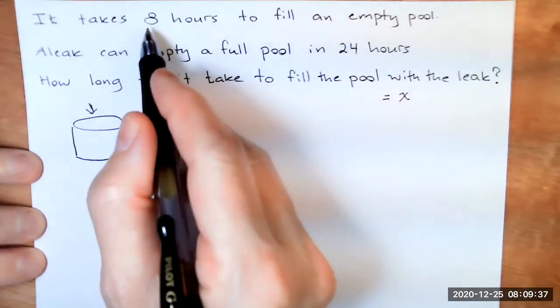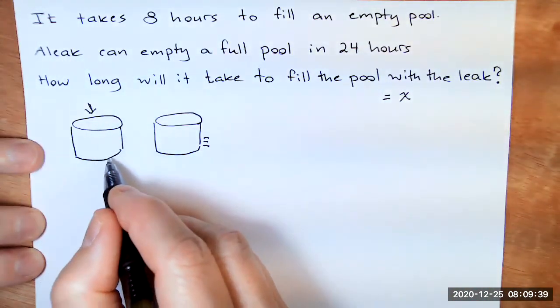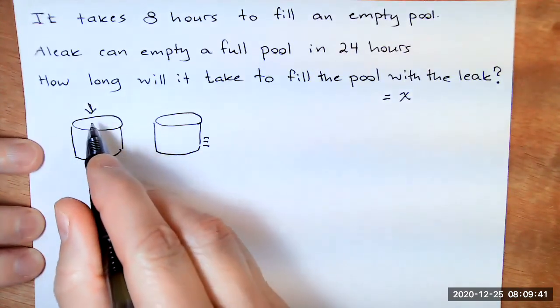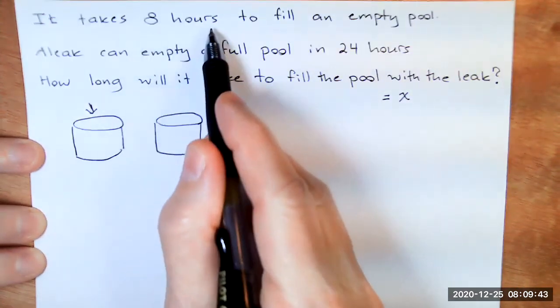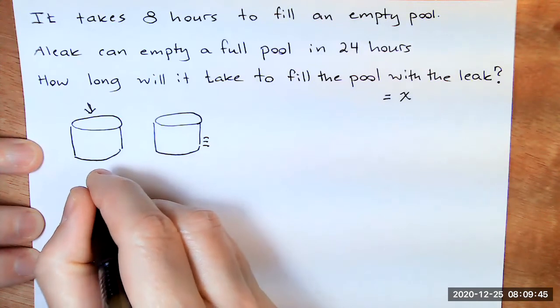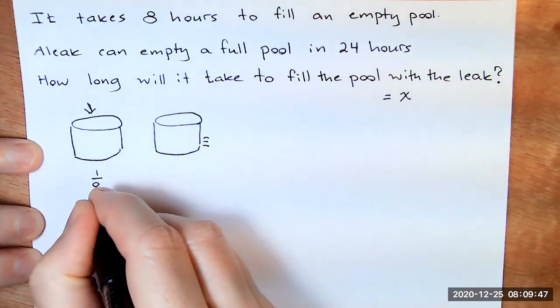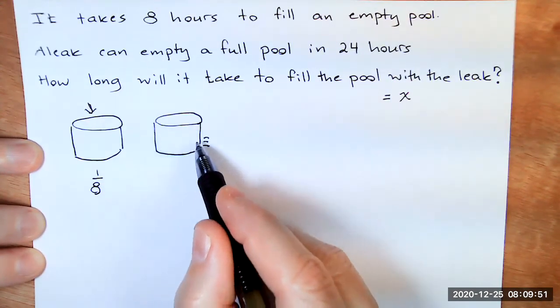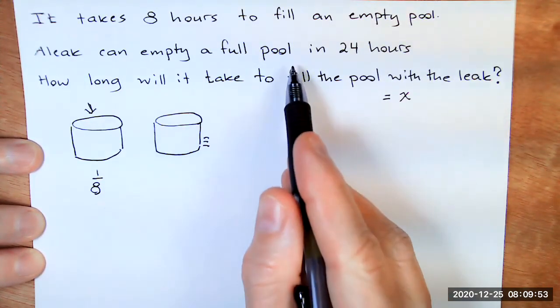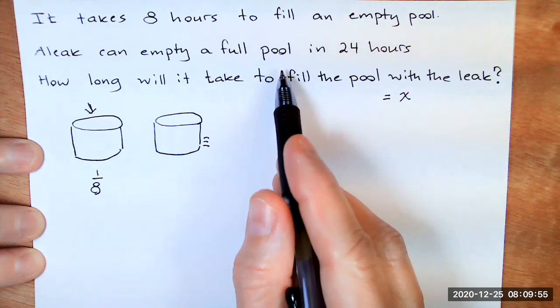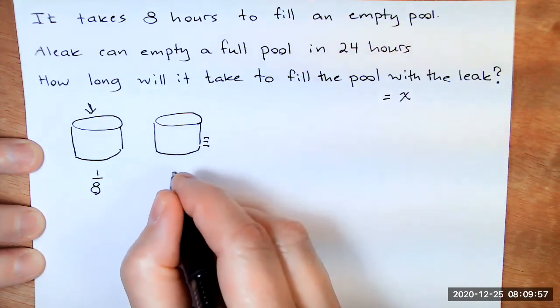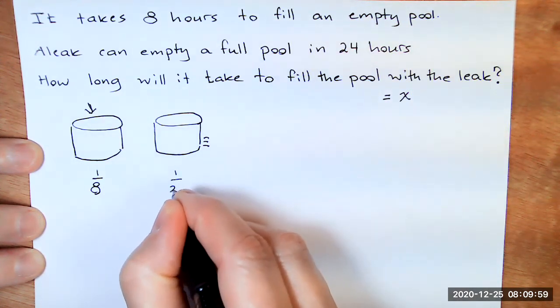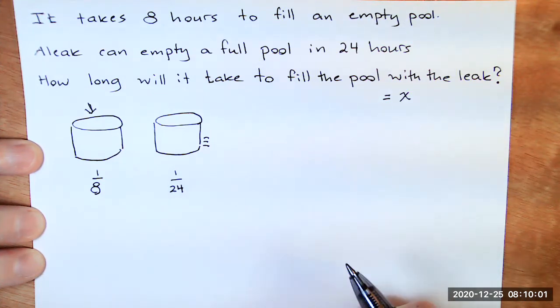So what part of the pool can we fill in 1 hour? If it takes 8 hours to fill an empty pool, that would be 1/8 of the pool. What fraction of the pool can be emptied by the leak in 1 hour? Well, that would be 1 over 24th.